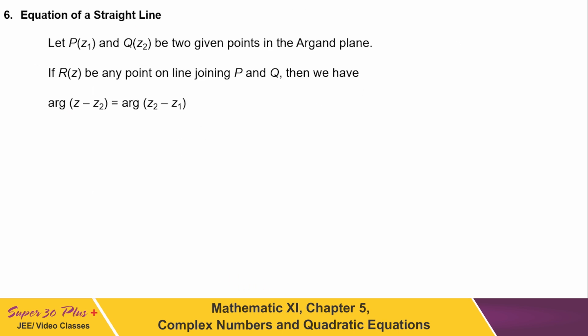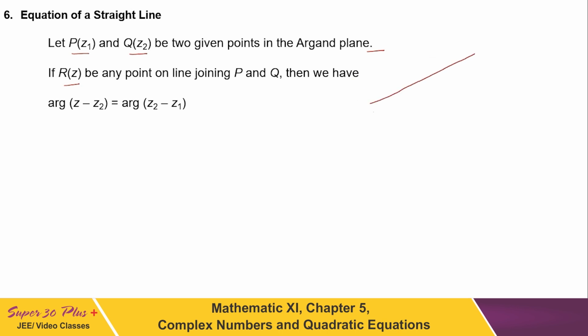Students, now we are going to study the equation of a straight line. Let P with affix Z1 and Q with affix Z2 be two given points in the Argand plane, and if point R with affix Z is any point on the line joining PQ, then we have, means this system is like this.